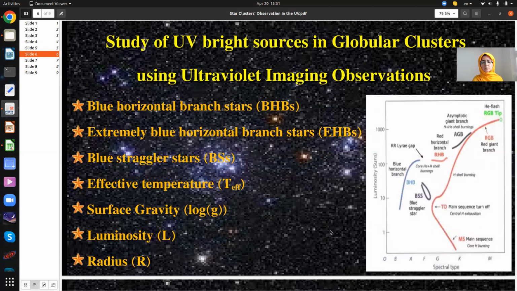And a study of UV bright sources in globular clusters using ultraviolet imaging observations.